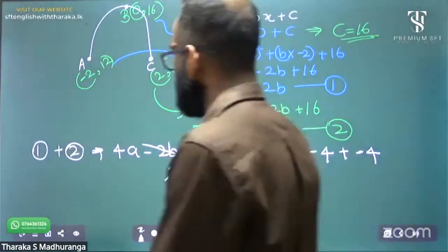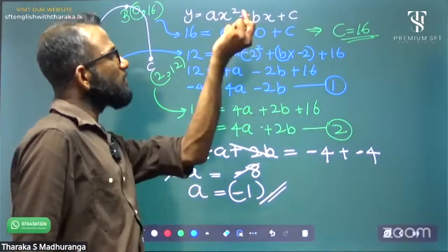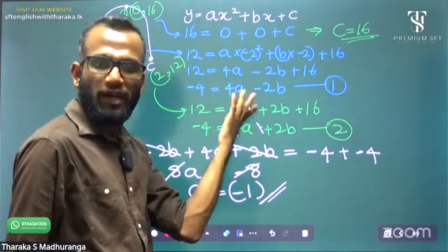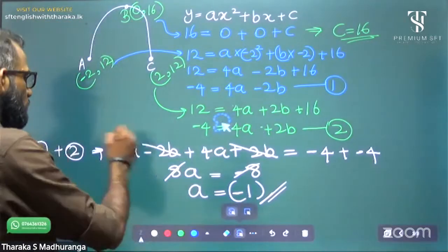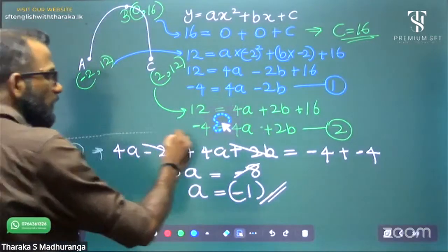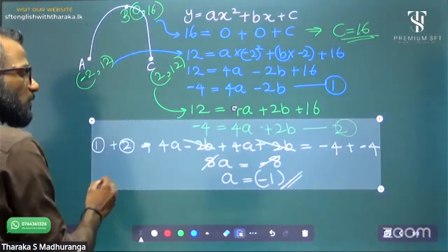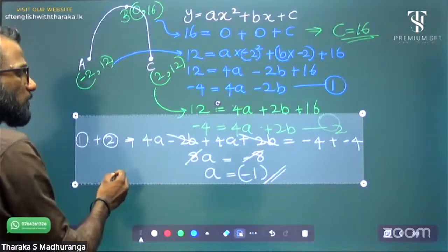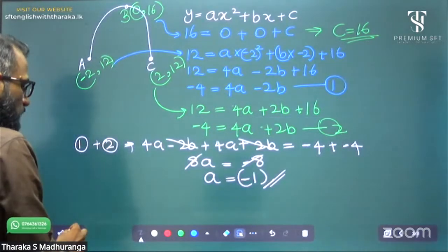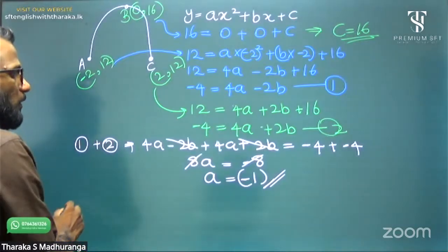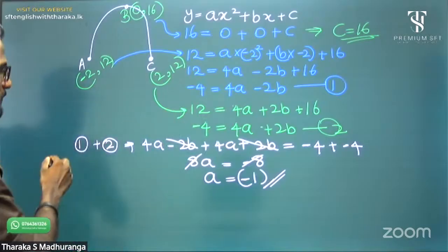Now a equals minus 1, you can just substitute into whichever equation. You can substitute into the first or second equation and calculate b. You can find b. Okay, I am going to substitute the a value into the second equation.